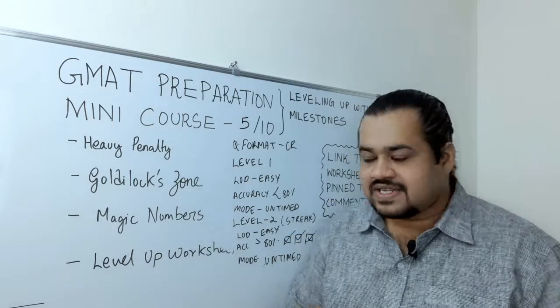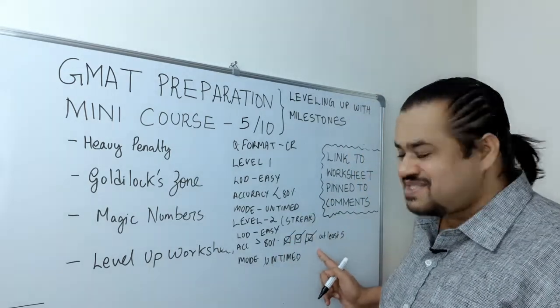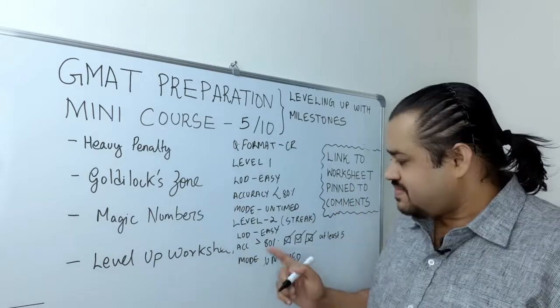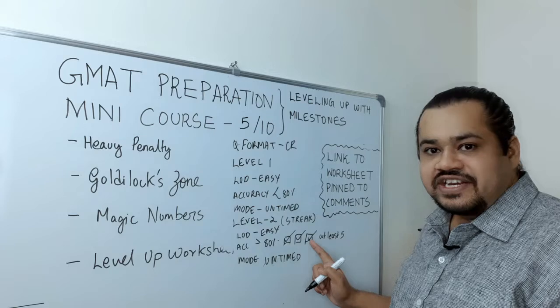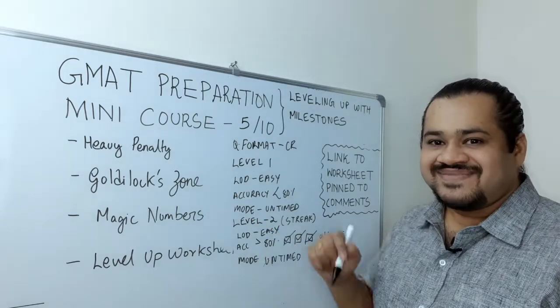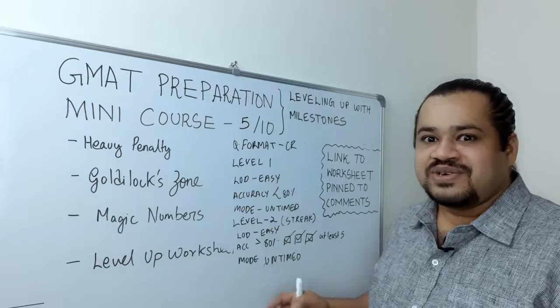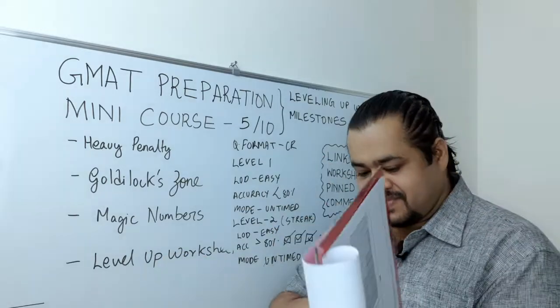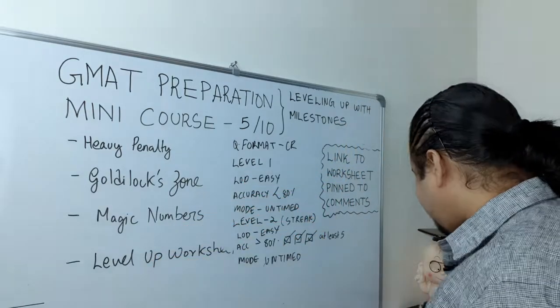So for a practice session that has at least 5 questions, if you are able to answer 4 or more correctly 3 times in a row, then what it means is you have cleared level 2 and you are ready to go to level 3. Level 3. What happens at level 3? Let's look at that.